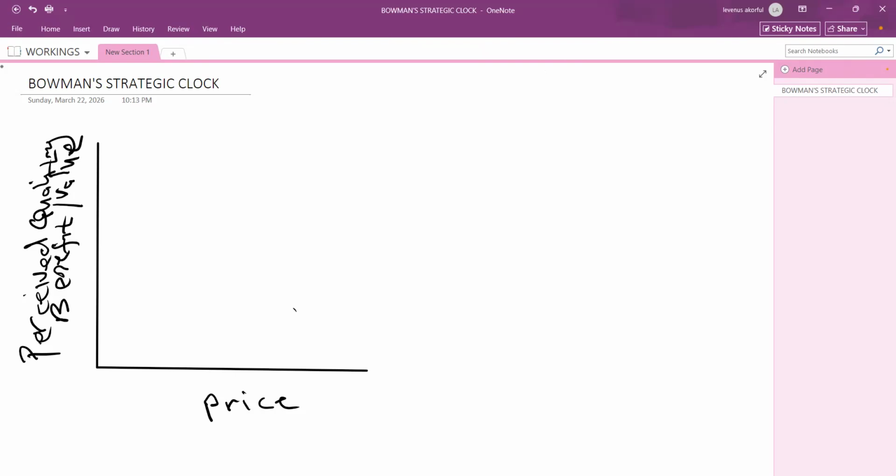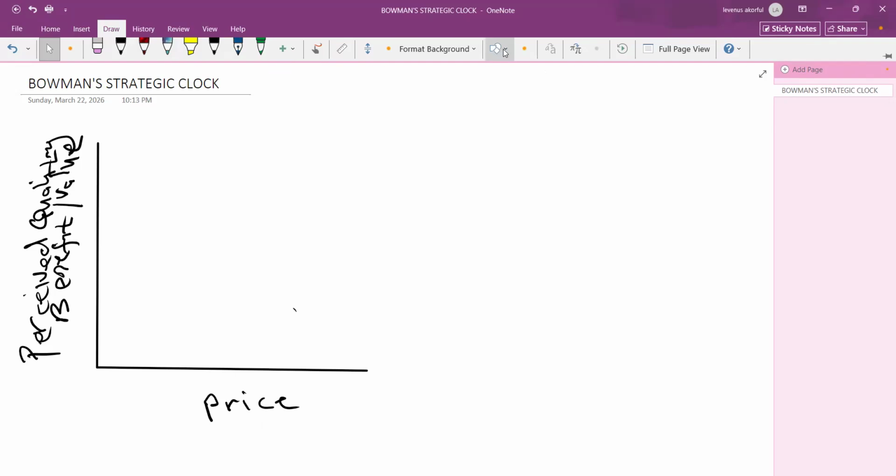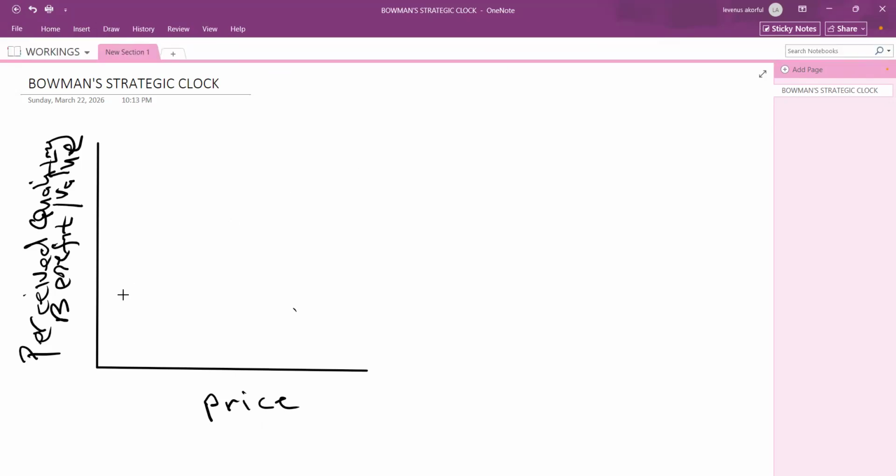Now that we have this, let's draw our five dummy. For those who know five dummy, let's draw our five dummy. For those who do not know five dummy too, let's draw our clock. Now we are going to draw our 7 o'clock, 2 o'clock bar.